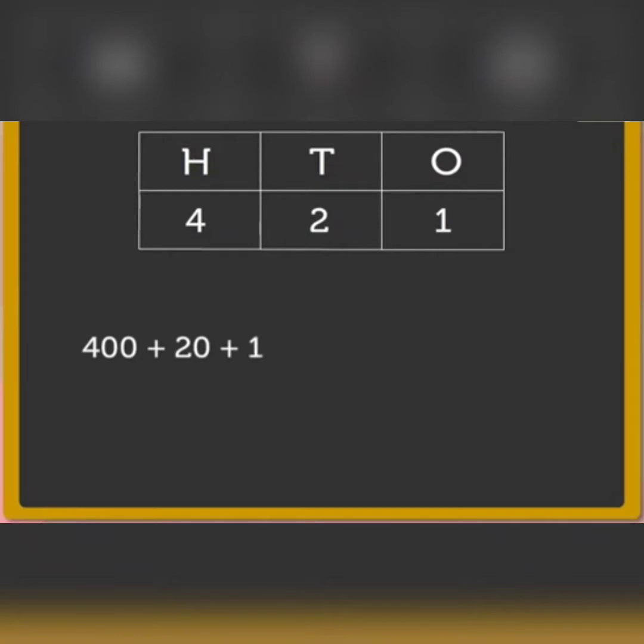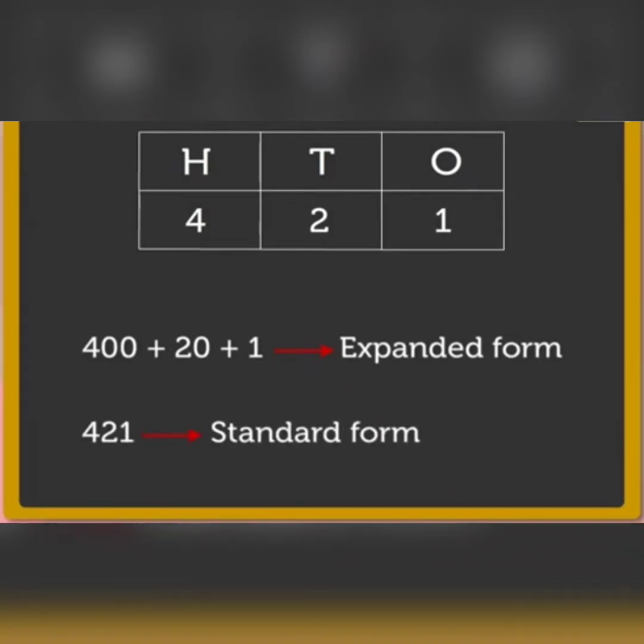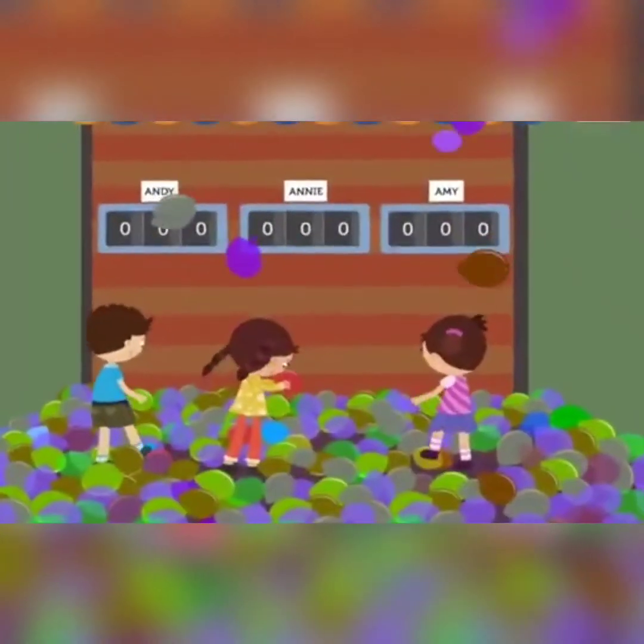Okay children, 400 plus 20 plus 1 is the expanded form and 421 is the standard form.